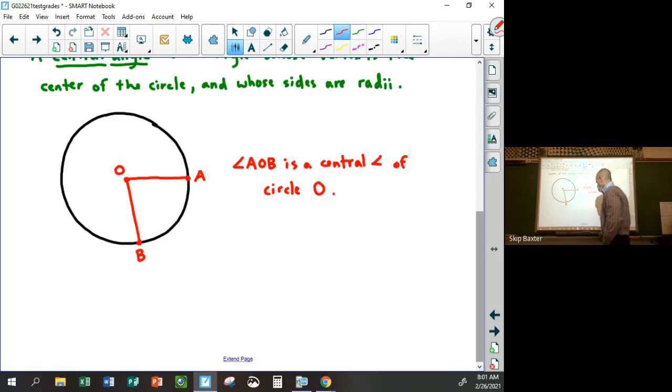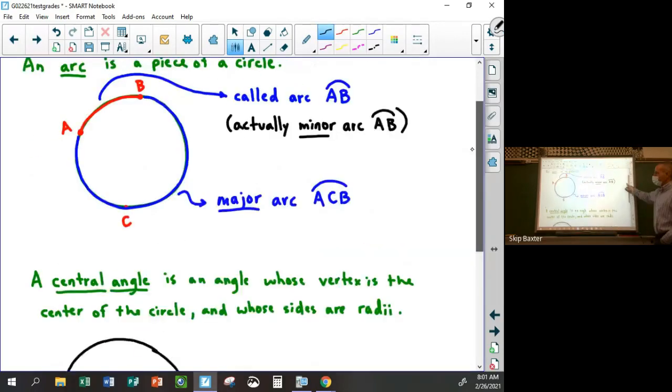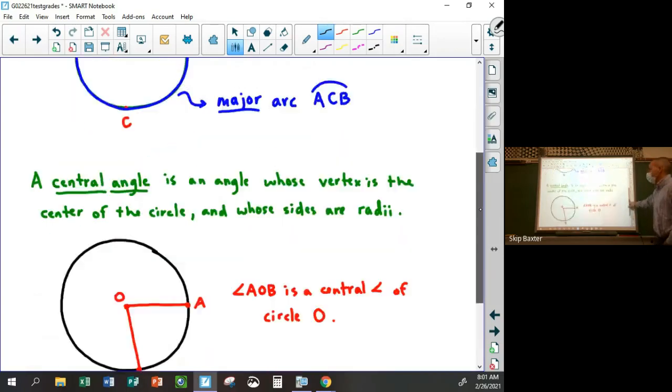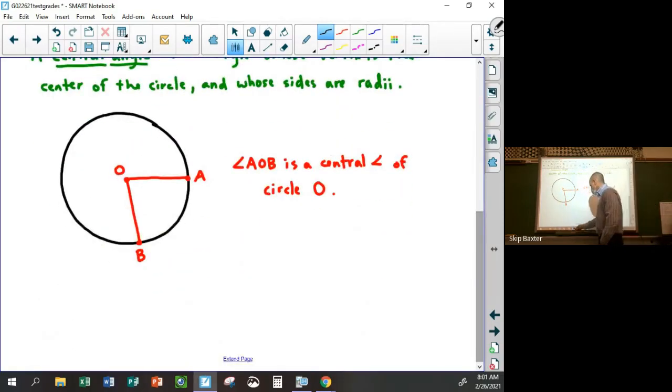So when we talk about an arc then, it would be helpful if we could somehow compare arcs. Obviously, some arcs are longer than others in the same circle, right? You could have an arc that's more of the circle than another arc. That's kind of common sense, right? So it turns out that we can talk about the measure of an arc.